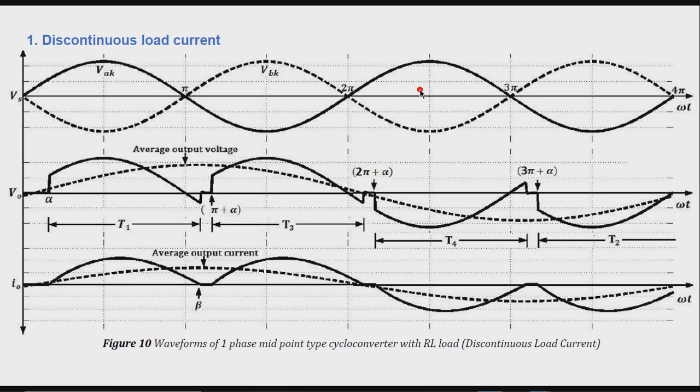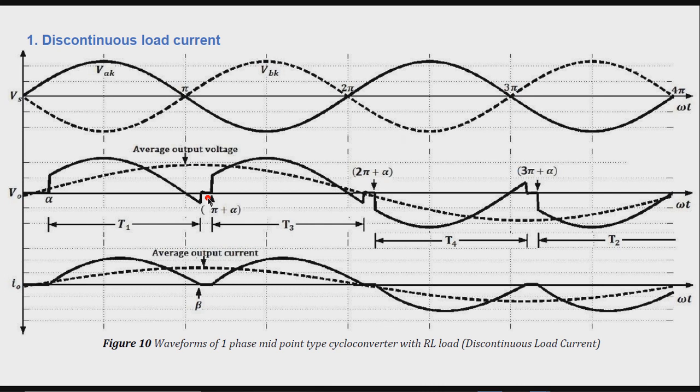Now at omega t is equal to beta, meaning at this instant, the load current i naught becomes 0, where beta is the extension angle. Beta is greater than pi. For the discontinuous mode of operation, beta is greater than pi but less than pi plus alpha.